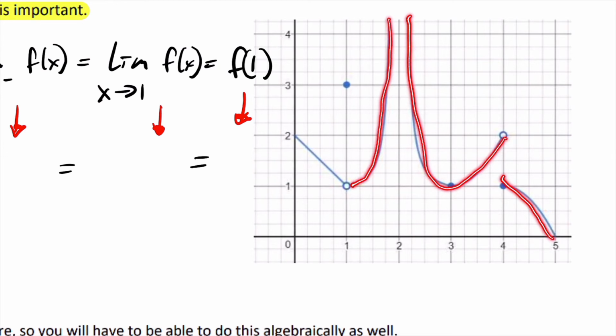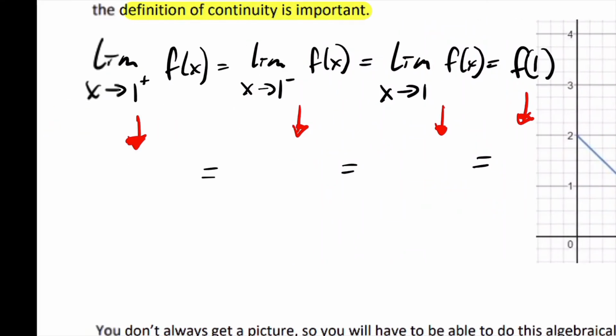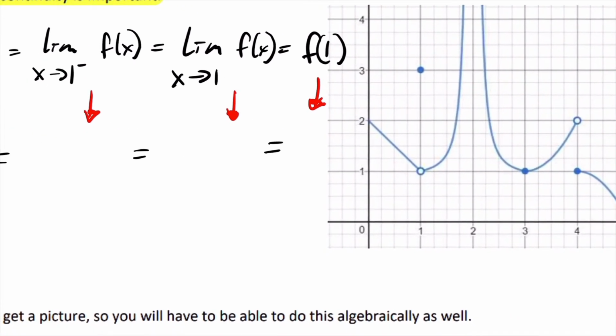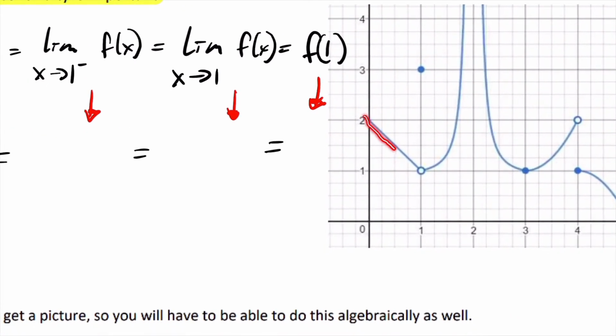Here, I stop here at 1, y equals 1. Okay, so that's going to be 1. How about the limit as x approaches 1 from the left side? What do I get when I do that? Same number, different number? Y equals 1.